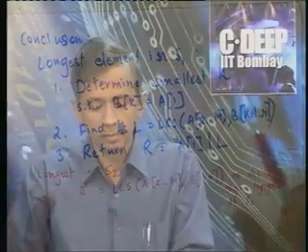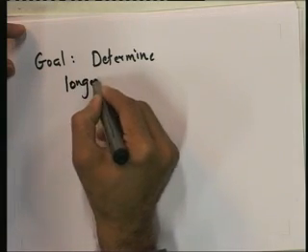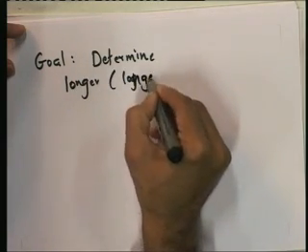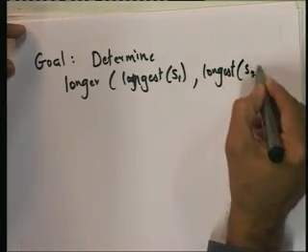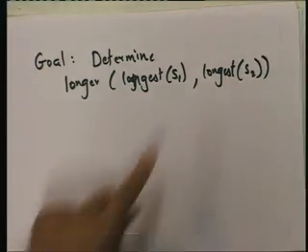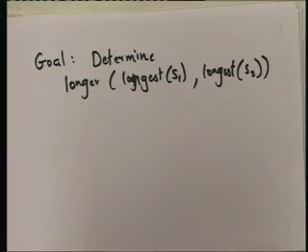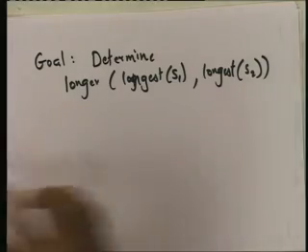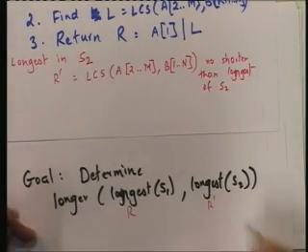So what was our goal? Let us go back to our goal. Our goal was to determine the longer of the longest of S1 and the longest of S2, and we would be happy so long as this longer is itself in S. So this we know, this is R. What if I put R prime over here?